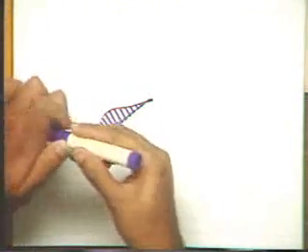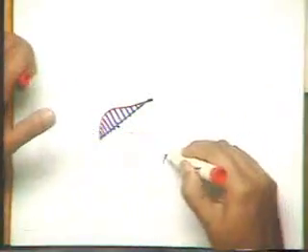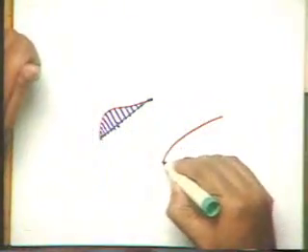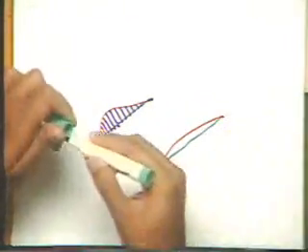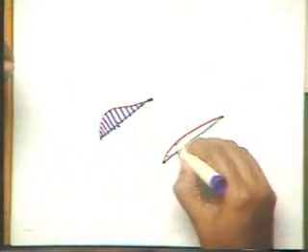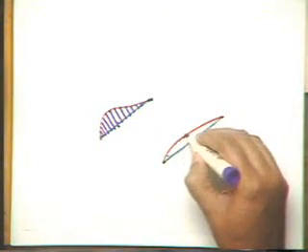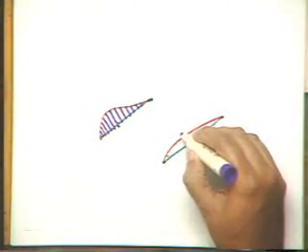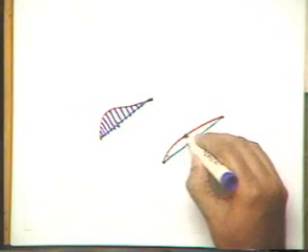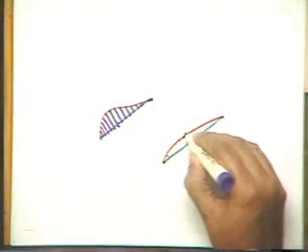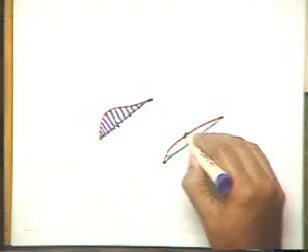Supposing this is the contour, and this is your initial segment. So take every point along this contour, and supposing at this particular point we find that this has exceeded the perpendicular distance threshold. So what we do now, we split the segment over here.